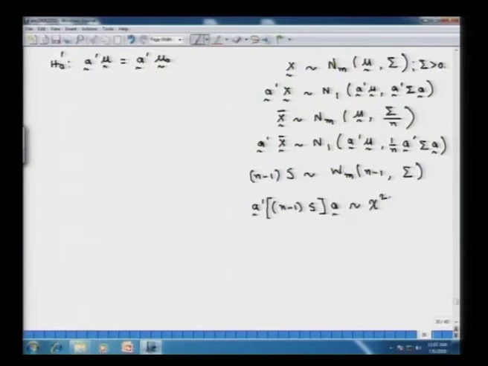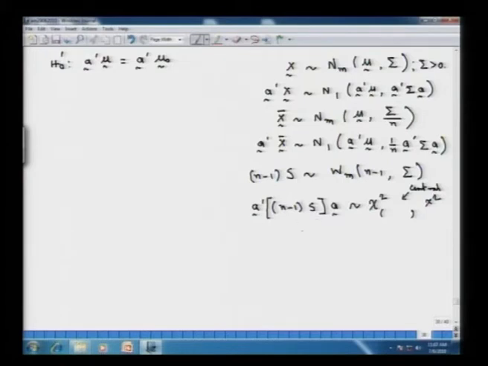That is what we had seen earlier. On what degrees of freedom? N minus 1 minus m plus 1 degrees of freedom, and it is going to be a central chi-square on the degrees of freedom given by n minus 1 minus m plus 1.